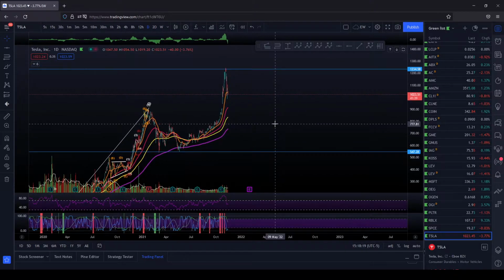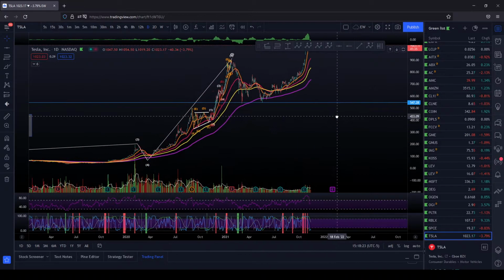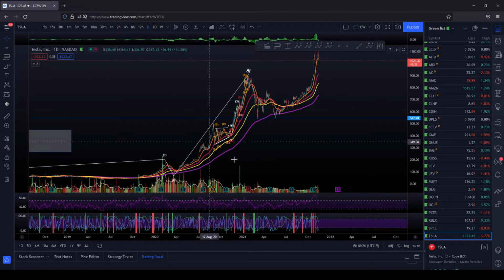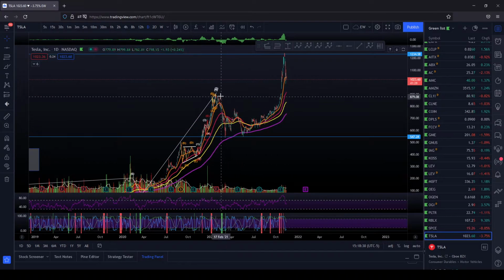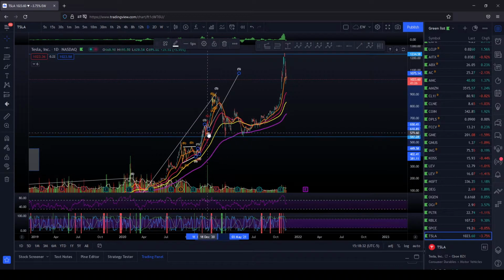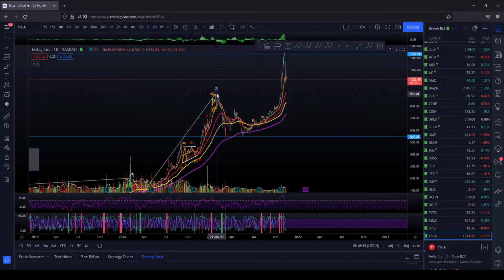So let's start with the retracement. Actually, obviously, these waves are not good anymore. This wave 5 should come all the way up, actually, like this right here.